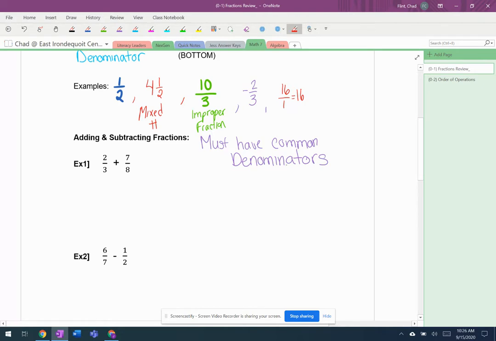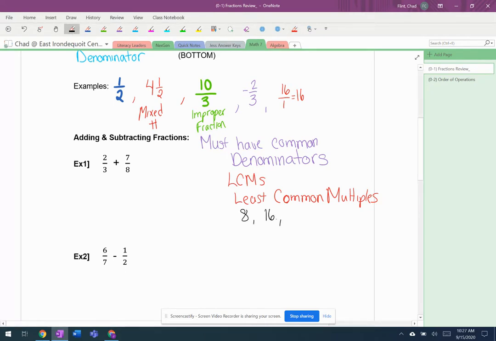So to get common denominators, we're going to use those LCMs, or least common multiples. I'm going to do this first one in depth a little bit, and then the next ones we'll use some shortcuts. So if I start with 8, I've got 8. 8 times 2 is 16.